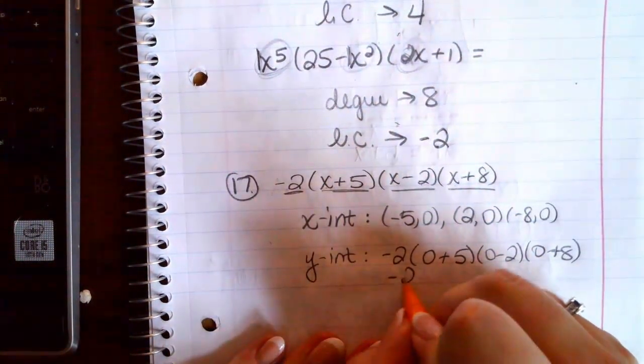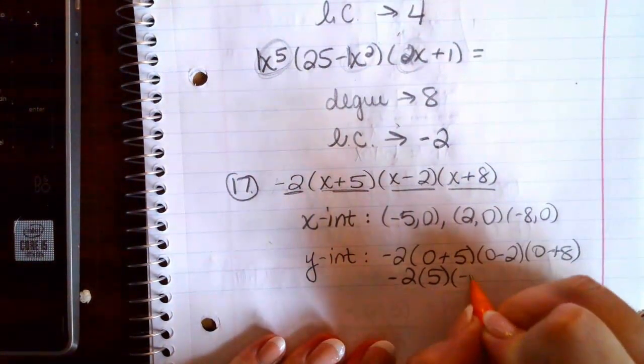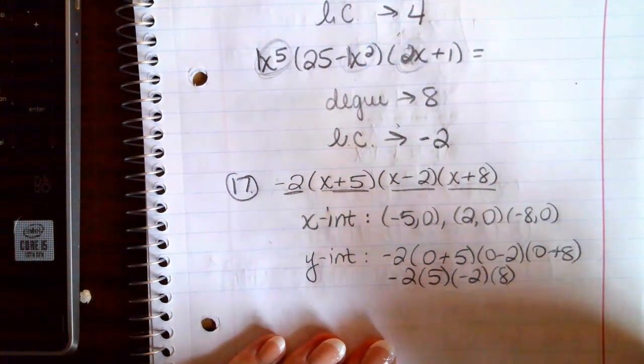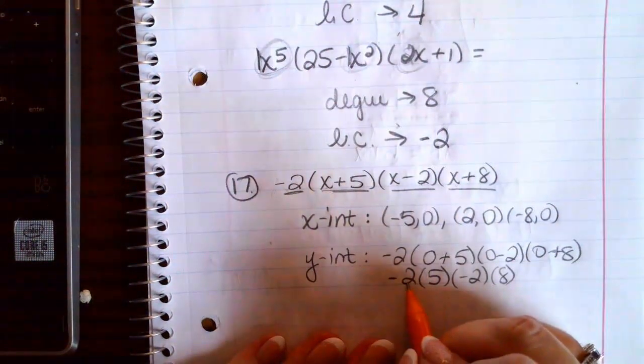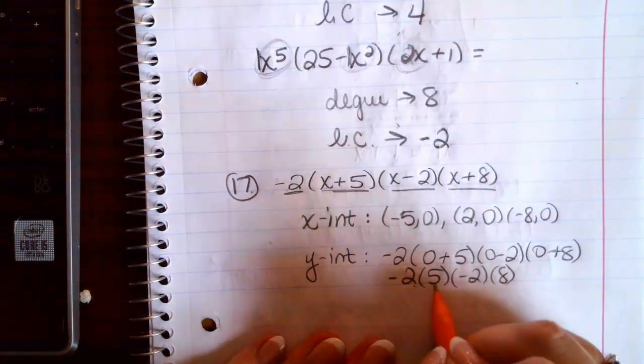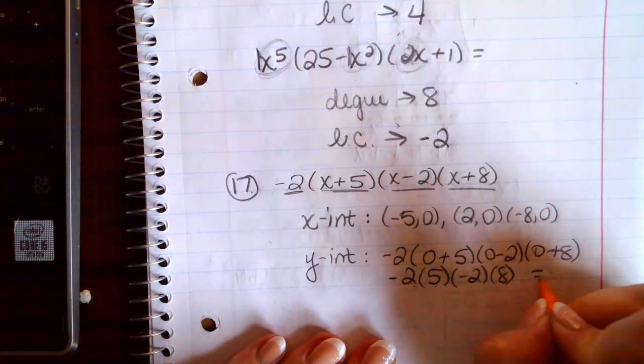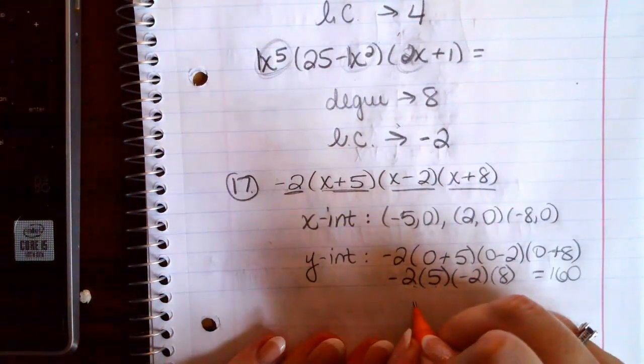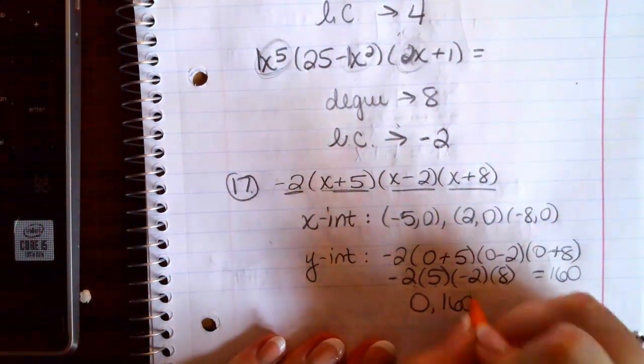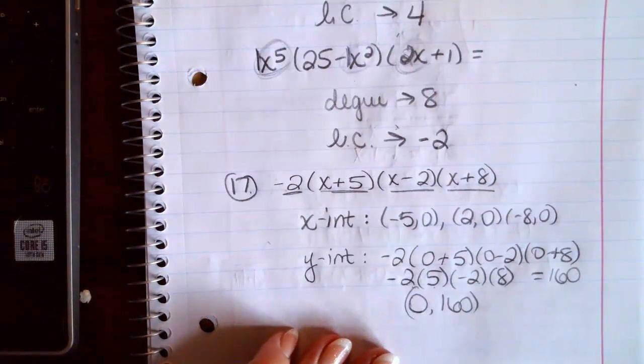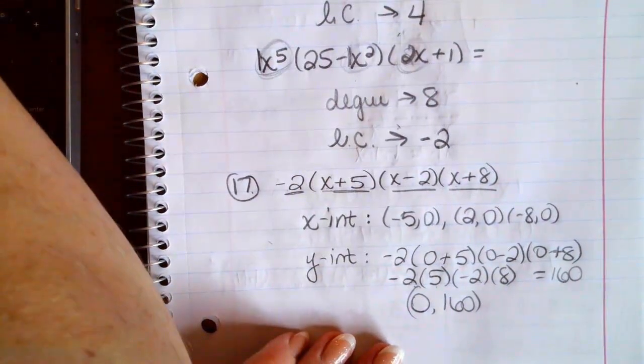So that gives me -2 times 5 times -2 times 8. So that gives me 4 times 5 is 20, times 8 is 160. So my y-intercept is (0, 160). Okay.